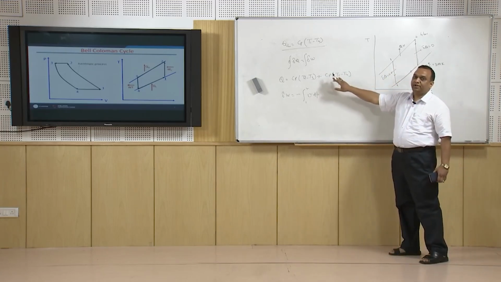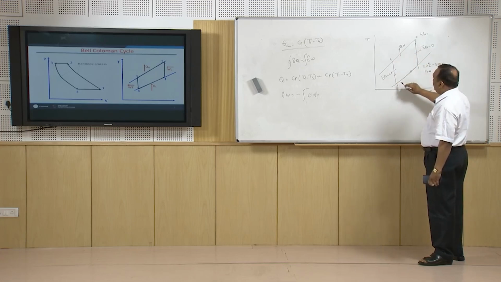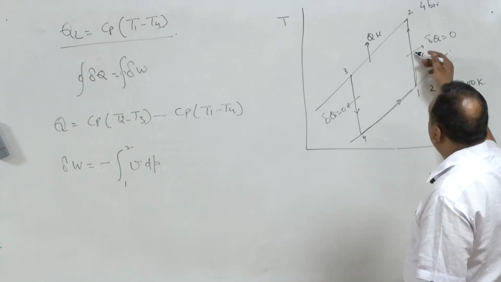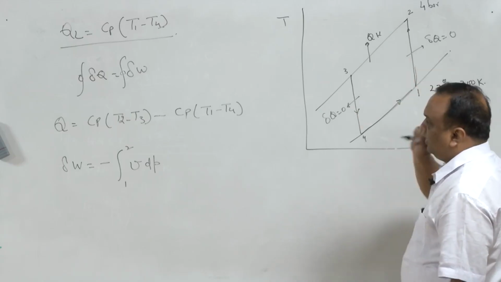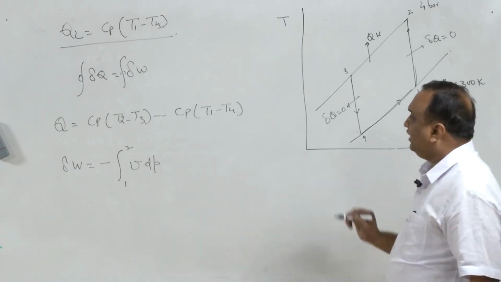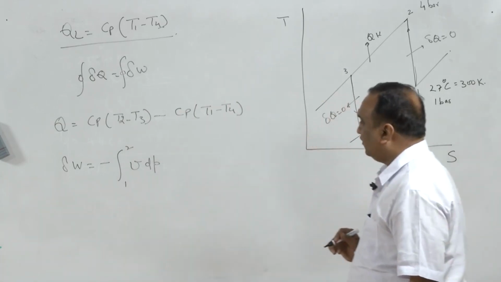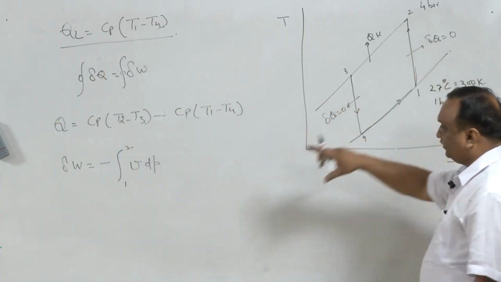This formula is applicable only when all the processes are ideal and there is no heat transfer during these two processes. So, in order to have a generalized expression, let us try to find work through this formula, the work consumed by the compressor.